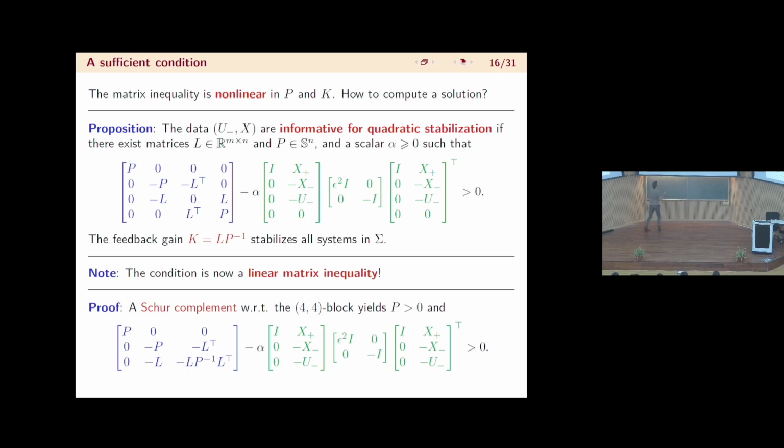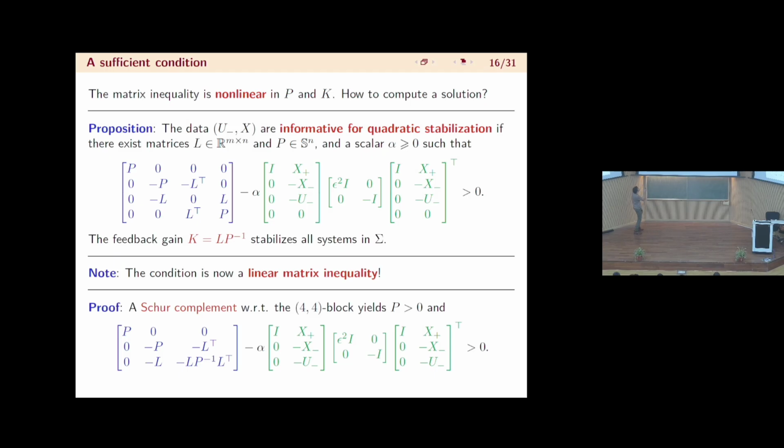So, I start from my inequality over here. Let me rewrite that a little bit. The first three blocks are P, 0, 0, 0, 0, minus P, minus L transpose, minus L, 0.